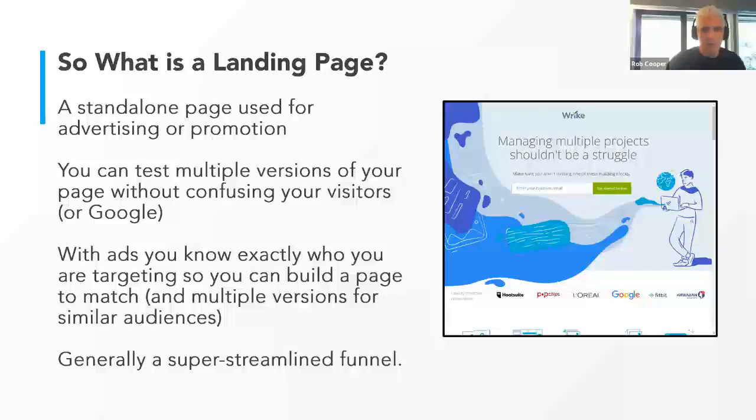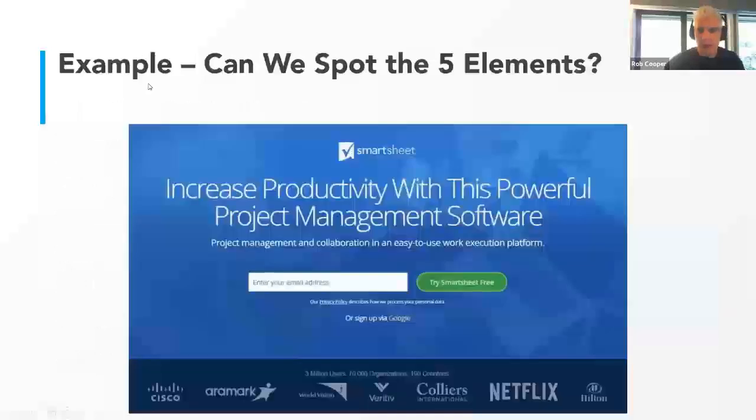So moving along, here's an example. Again, this is one of my favorite landing pages. In it, can we spot the 5 elements? Do these folks know their audience? I'm going to assume yes: their audience wants to increase productivity, has a need for collaboration, and has challenges with how difficult platforms are to use.